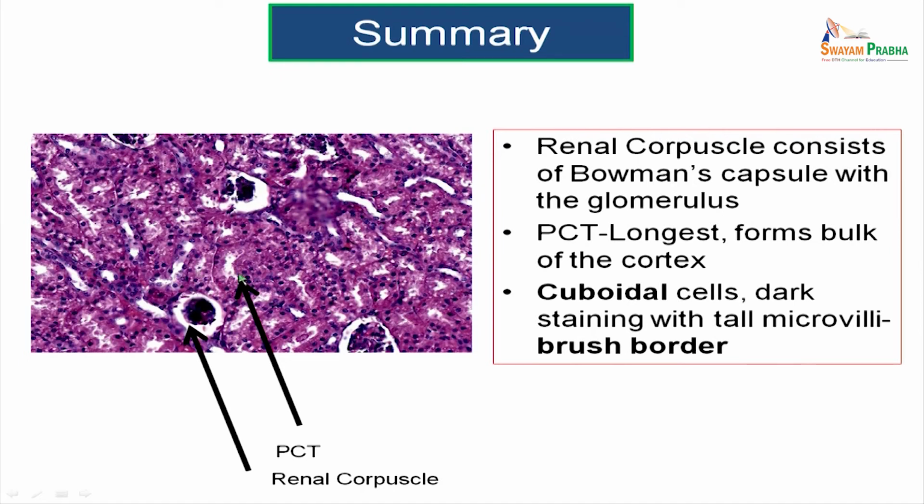Then we have talked about the proximal convoluted tubule in detail, and please understand that there are more sections of PCT as compared to DCT in the cortex, because PCT is longest and forms the bulk of the cortex. They are darker staining with tall microvilli forming the brush border. So, the lumen is not clearly defined in a PCT.